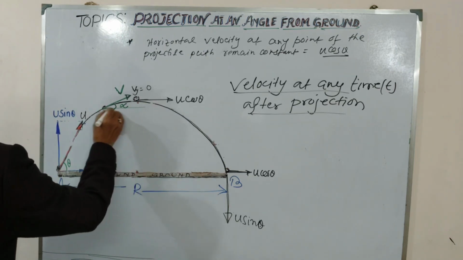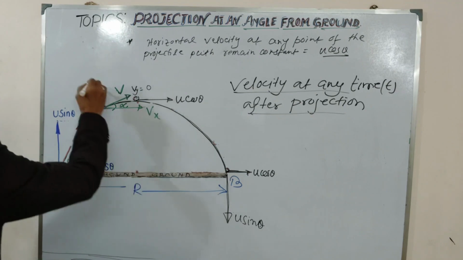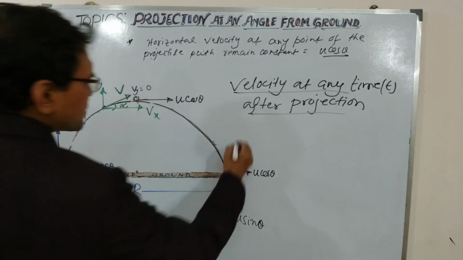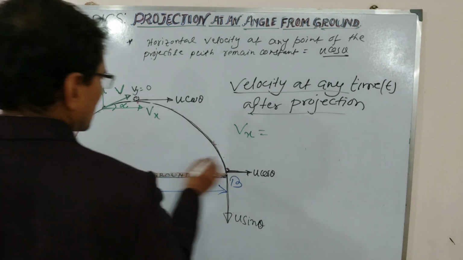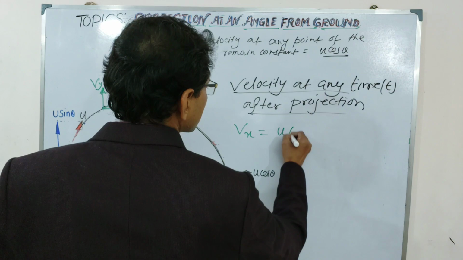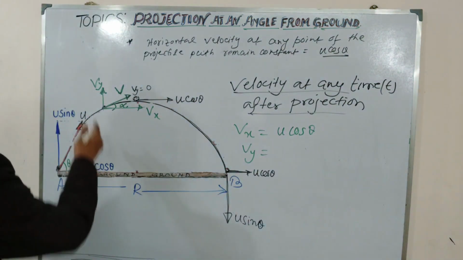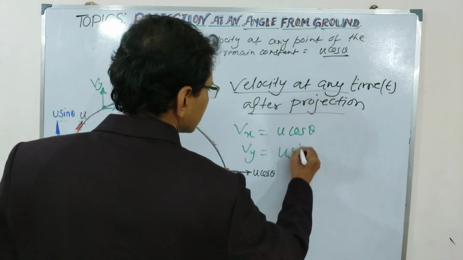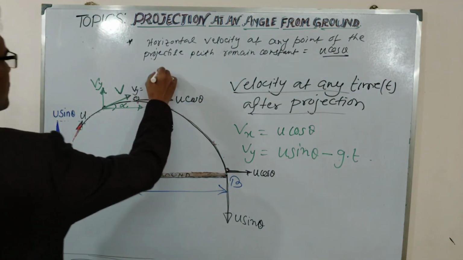Now there are two components, vx and vy. So what will be the vx? Vx, the horizontal component, remains the same throughout the motion. So vx will be u cos theta, and vy equal to u sin theta minus g into t. This is the v equal to u minus gt formula.